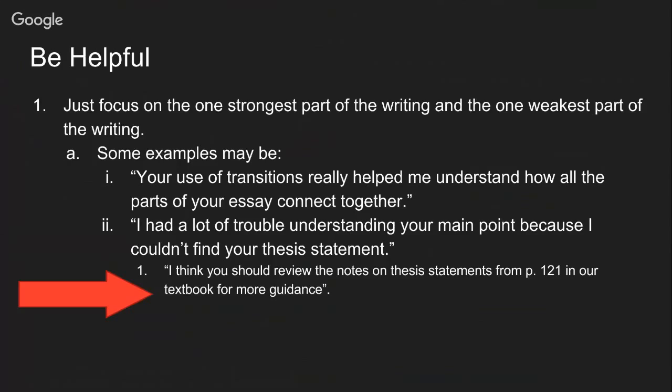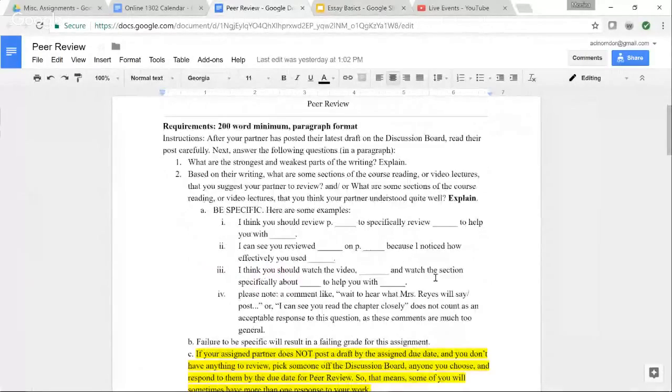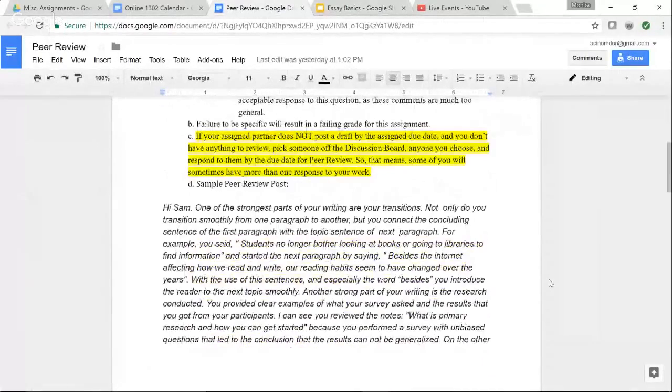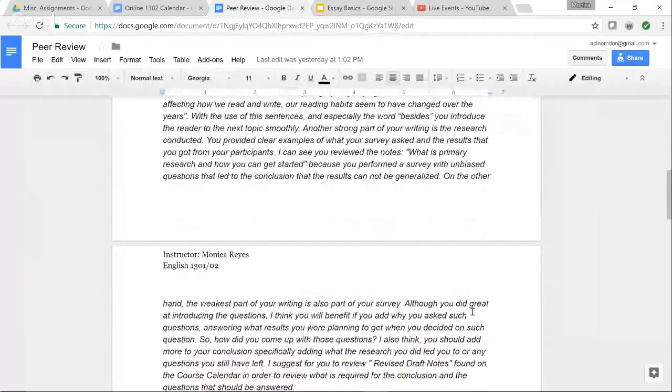The point to this is not busy work. The point is that many students blow off peer review as just something to do for a quick grade, and they don't provide enough thought to give one another. By adding this step, I'm making sure that students lead one another back to the resources in class that can help them. Just to be clear, I've added a sample to the peer review instructions for a quality, well-done peer review.